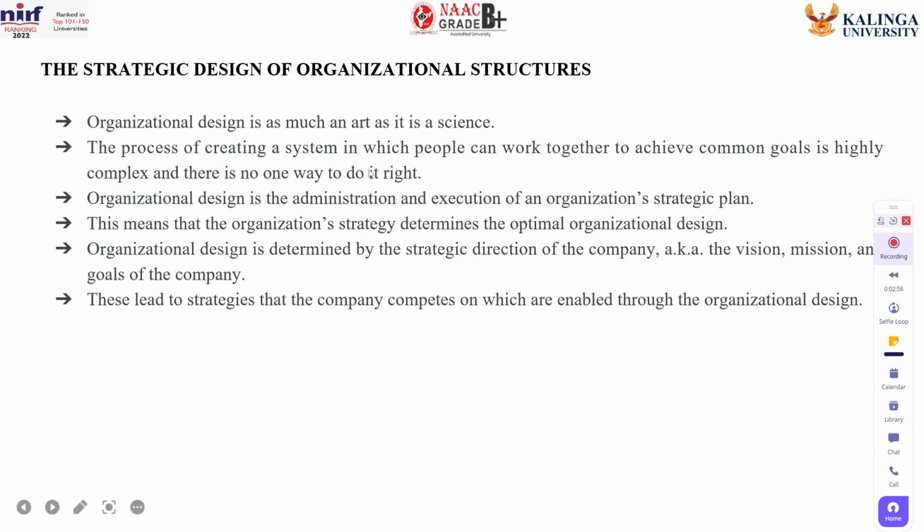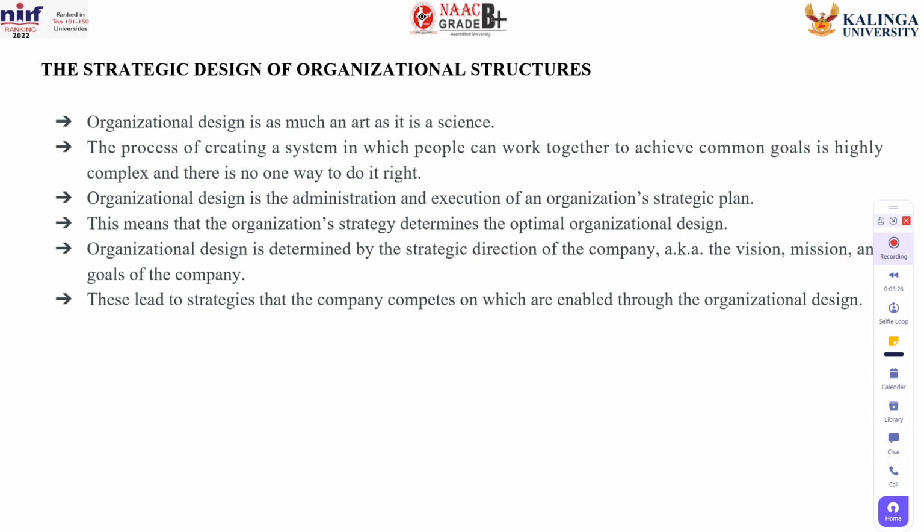The process of creating a system in which people can work together to achieve common goals is highly complex, and there's no one way to do it right. As we just discussed, the process of creating a system, an organizational design, an organizational structure should be such that the people can work together, they can achieve the common organizational goals, and the biggest problem is that the achievement of organizational goals is not that easy.